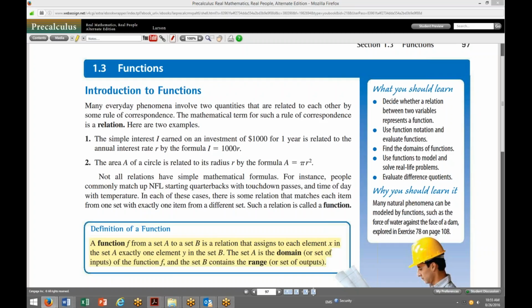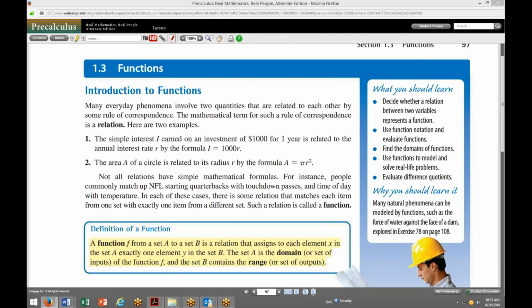But to be a function, it's much more restrictive. Specifically, to be a function, we have the two sets of values for the two variables, the entire set of values for variable x and the entire set of values for variable y.